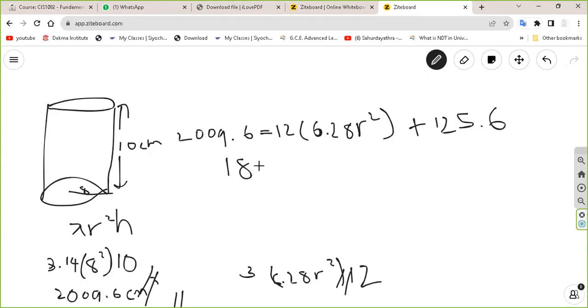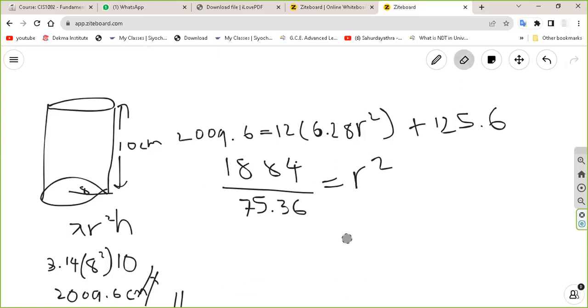1884 over 75.36 equals r squared. Then you have to get the square root of this term.